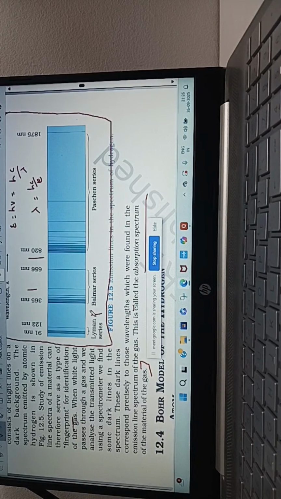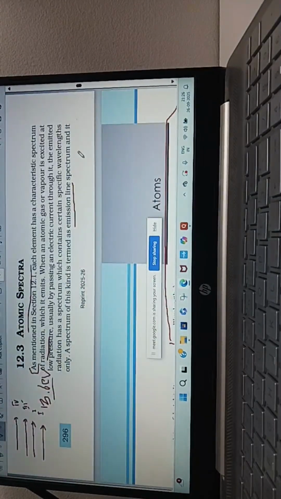Lyman series is second orbit to first orbit, Balmer series is third orbit to first orbit, then Paschen series is fourth orbit to first orbit. Like that, you will get spectral colors. That series of lines is known as emission spectrum.